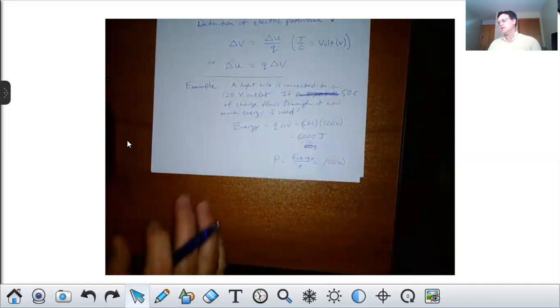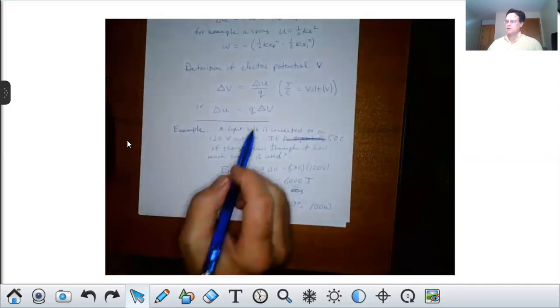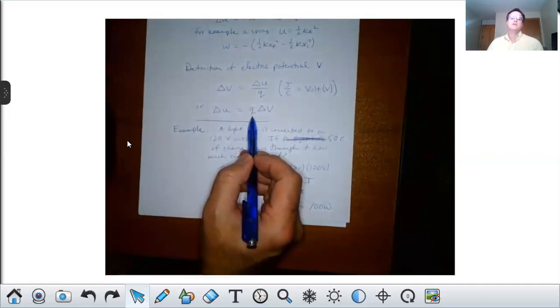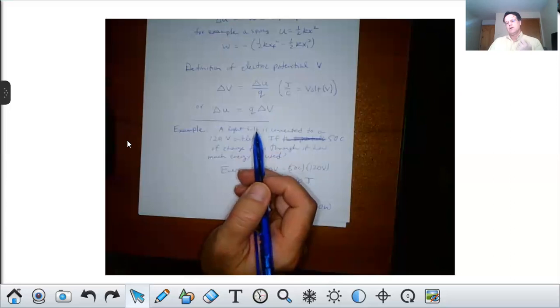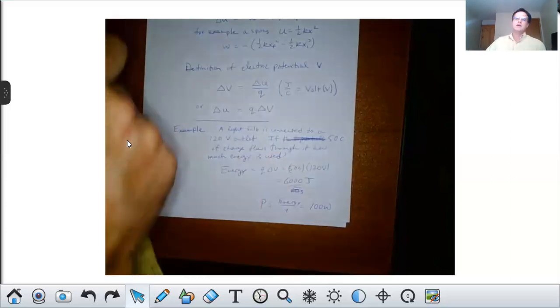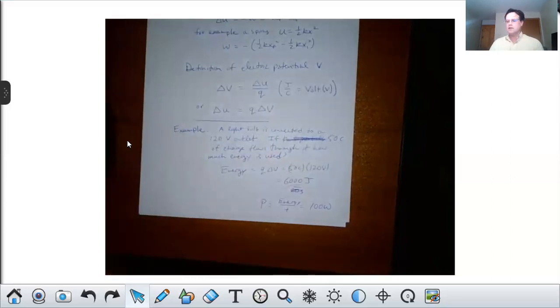Now, what's the reason that we define this? The real reason is because we want to talk about a quantity that doesn't depend on the test charge. If I plug my toaster into the 120 volts, it's still 120 volts. But the amount of energy that the toaster uses depends on how much charge goes through it and how long it's plugged in for, how much total charge gets through that toaster.